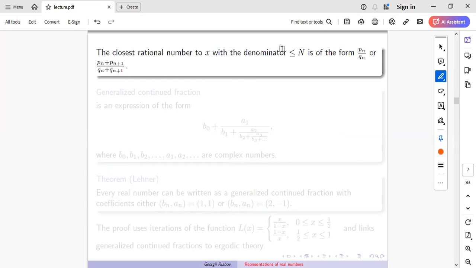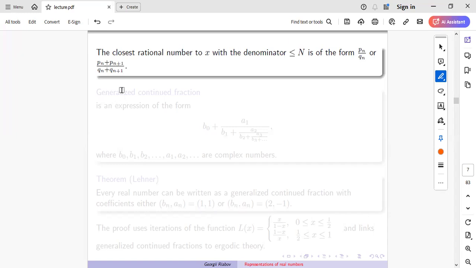So if we look at all rational numbers with the denominators not greater than some fixed number, then the closest rational number to x is either its continued fraction Pn over Qn, or the so-called median of two continued fractions, Pn plus Pn plus 1 over Qn plus Qn plus 1.